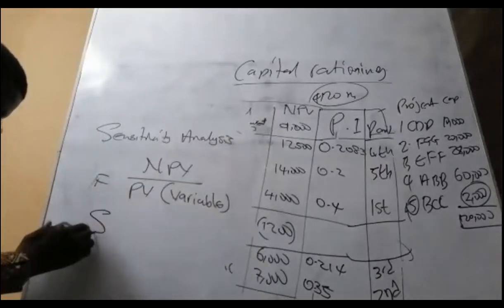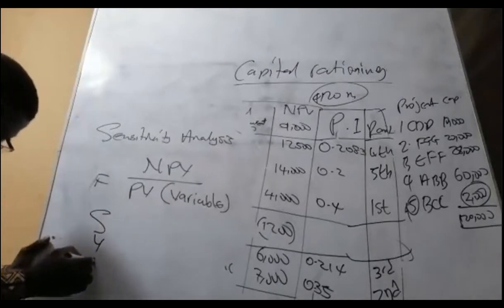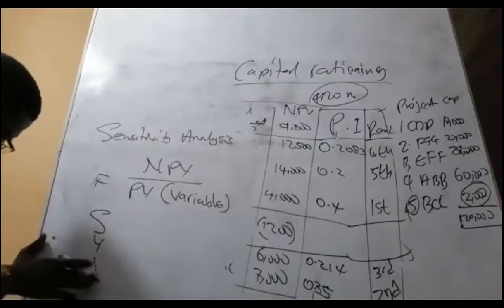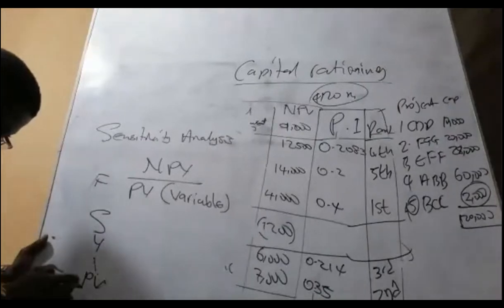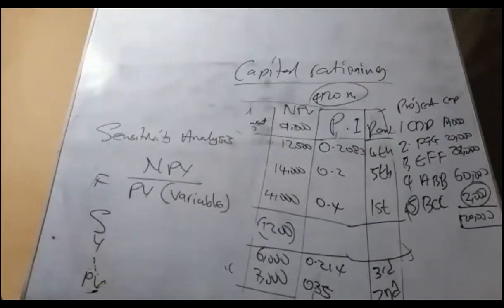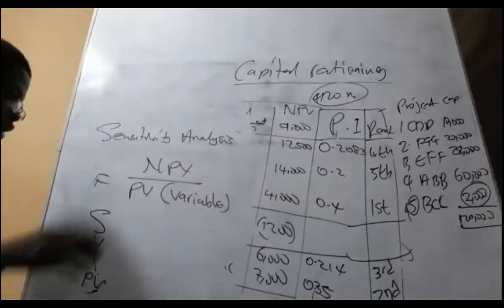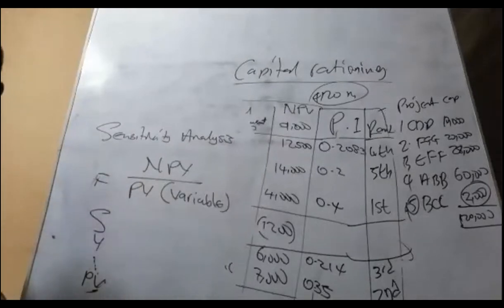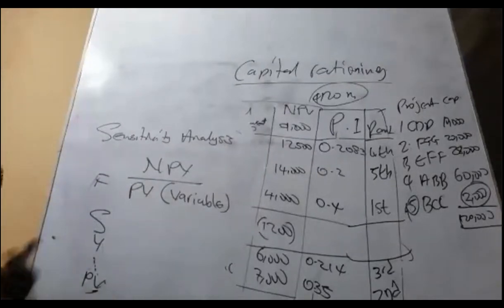From sales, variable cost down up to the net cash flow, including the discount factor, down up to the PV, the present value. All of them, you can conduct sensitivity analysis on them. So NPV over the present value of that variable, we are done. That is the sensitivity analysis.